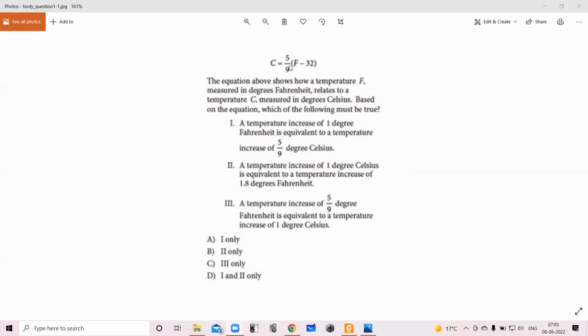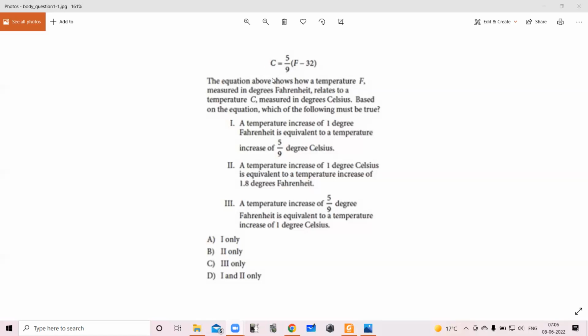For example, to know a 1 degree increase in Fahrenheit, I'll put 32 and 33, because 32 minus 32 is 0, and then 33 will directly give me the increase in degrees Celsius. Or you can put 10 or 20 or whatever you like. Can you try it? Yes, I would probably do 33 and 34.